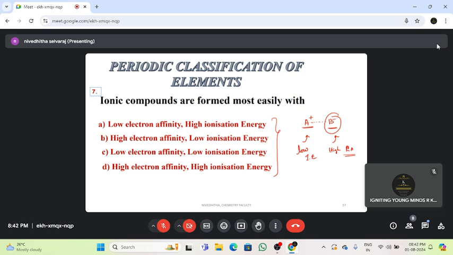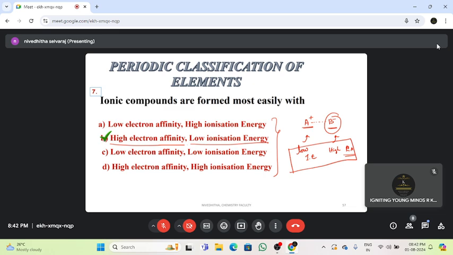Answer is option C. No. Low ionization energy and high electron affinity. It is not C. Low ionization energy, high electron affinity. So the answer is option 2. Is that clear? Yes, ma'am.